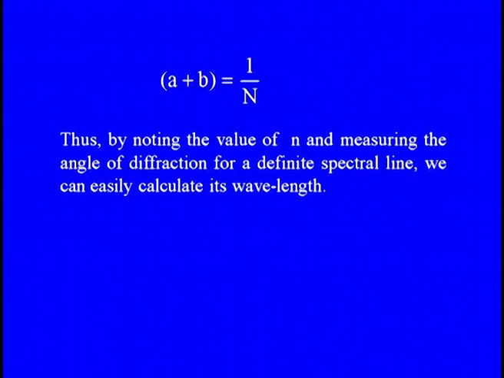Thus, by noting the value of n, that is the order of the spectrum, and measuring the angle of diffraction for a definite spectral line, we can easily calculate its wavelength.